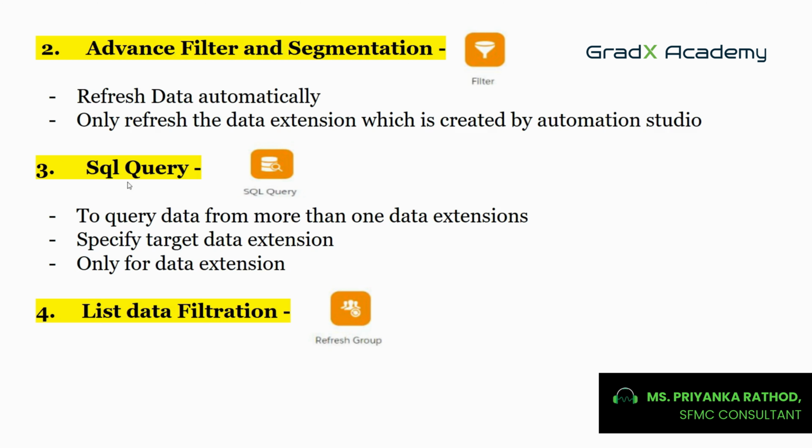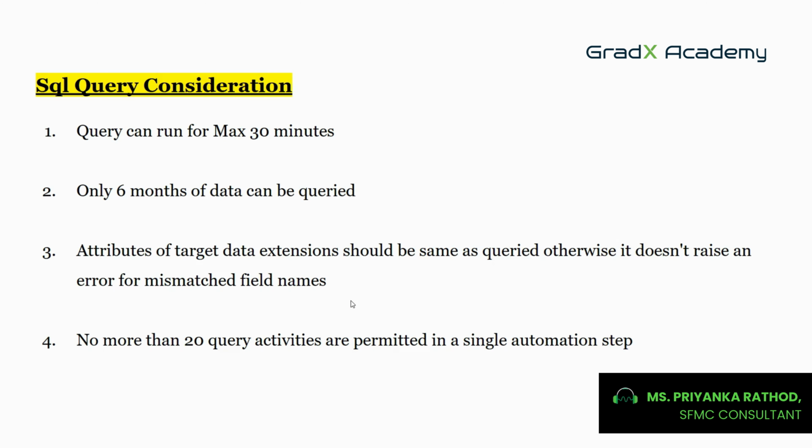Okay, we did query. To query data from more than one data extension, it is used, where we need to specify the targeted data extension, and that is only for data extension. But what if you want to query the data from a list, then we have refresh group. Okay, there is one SQL query consideration, that your query can run for a maximum of 30 minutes. All right, only for 30 minutes.